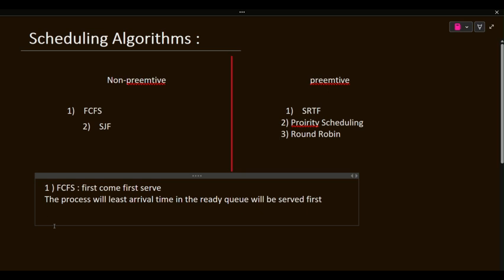And if two processes have the same arrival time, then the process with the least process ID will be considered first.